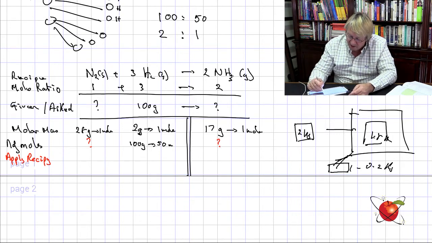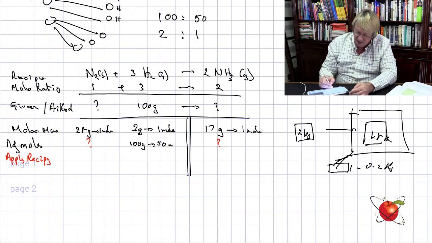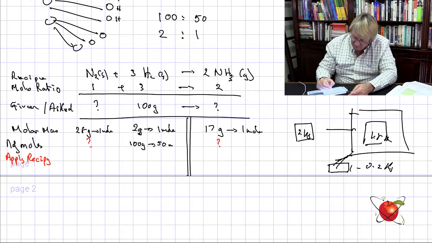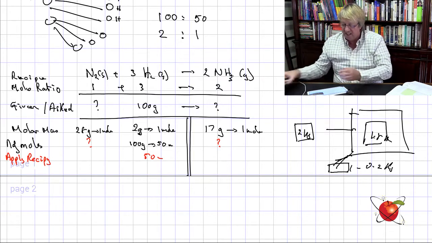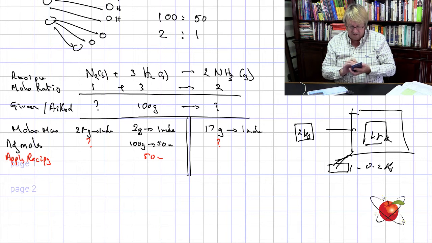But what we do know is that it reacts in the ratio 3 as to 1. In fact, let's keep it in red. Well, I've got 50 moles here. So that must be 3 times that one, isn't it? Because I must have a ratio 1:3. So I would divide this by 3 to get that, and it's 50 divided by 3.